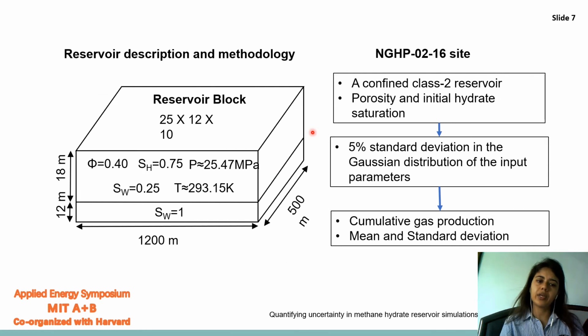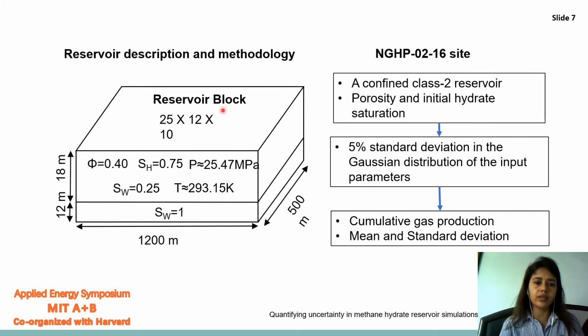Based on our previous work, we considered a reservoir block similar to the NGHP Site 16 in India. The reservoir block has a length of 1200 meters, 500 meters width, and 30 meters of thickness, with porosity 0.4. The top 18-meter layer is the hydrate layer, underlain by 12 meters of aquifer.